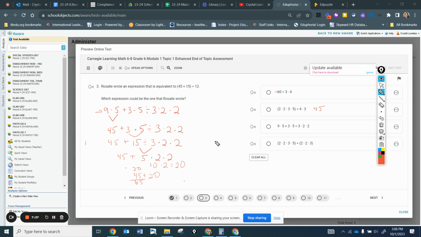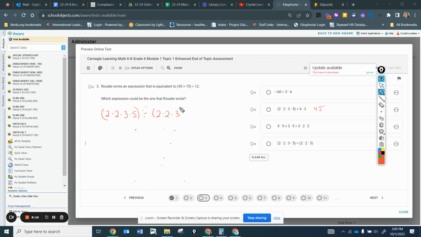All right, so I have one more to try, and I've got to do the parentheses first, then the division. Okay, so let's erase all of this work and see if I can get the same thing. 2 times 2, 2 times 2 times 3 times 5, divided by, those are in parentheses, 2 times 2 times 3.